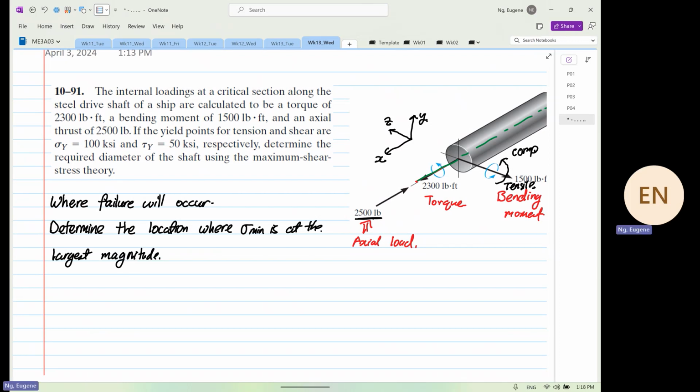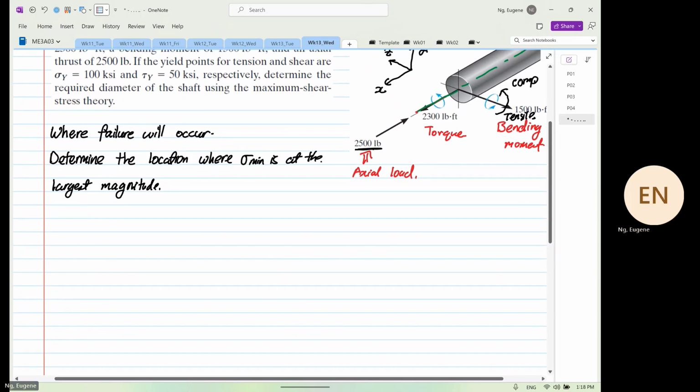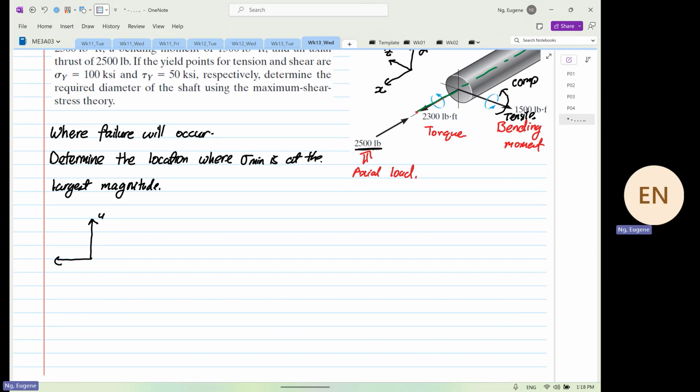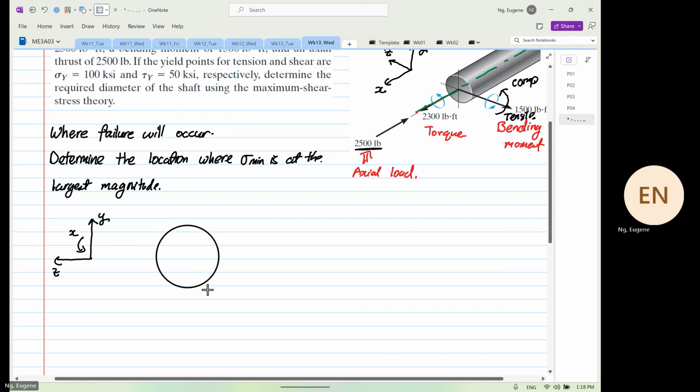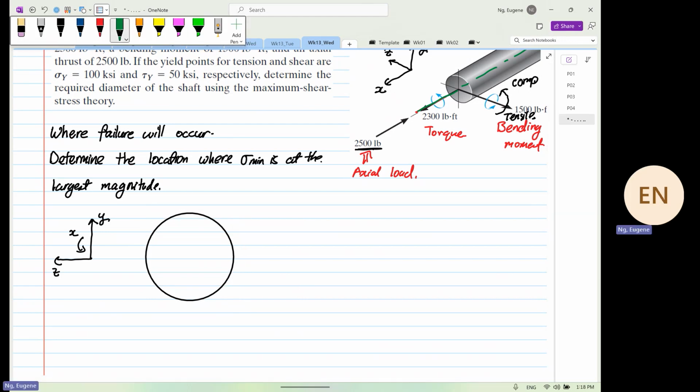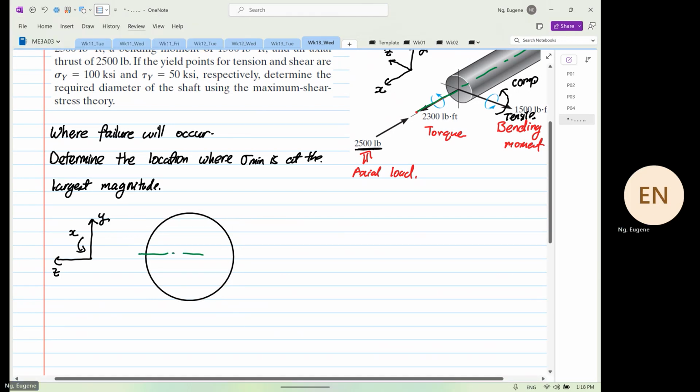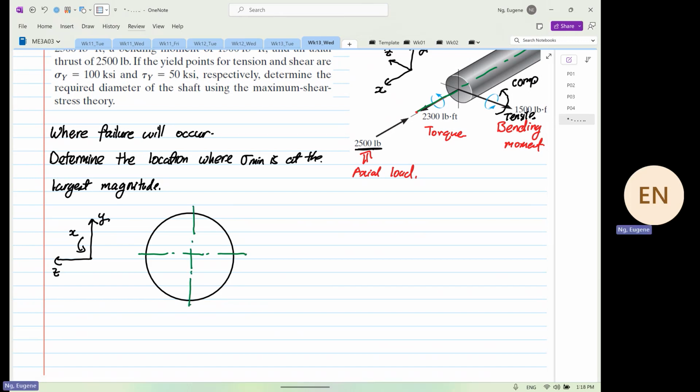From here, this is our transformation, this is our Y, this is our Z, this is our rotation about X. Then we start sketching our element. So this is our element, and this is where the center lines are. I'm going to place our element now.